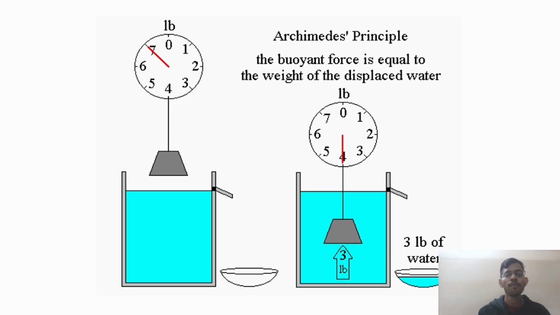An upward thrust is produced when we immerse the load, which is equal to the weight of the displaced water. So this picture tells that the buoyant force is equal to the weight of the displaced water. We can clearly understand from this picture what Archimedes principle and the buoyant force tell us.